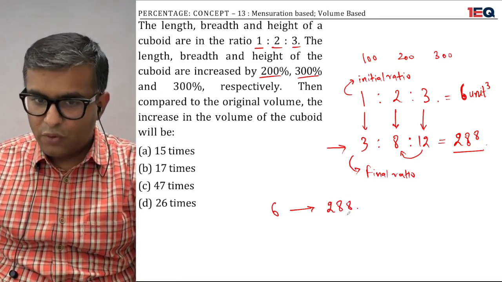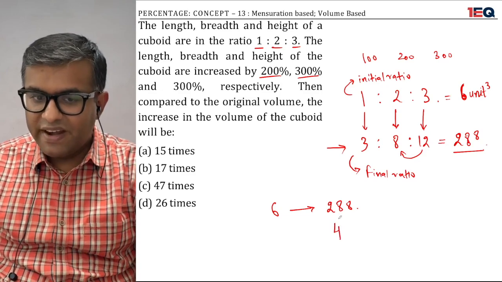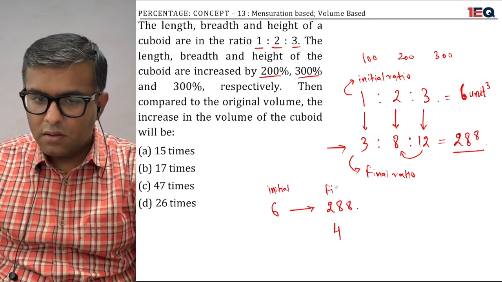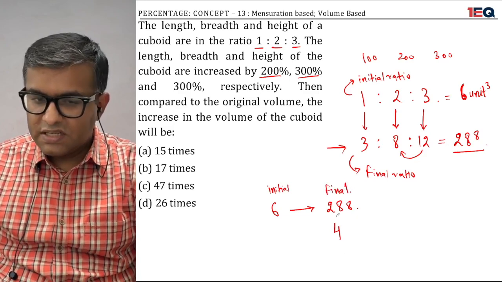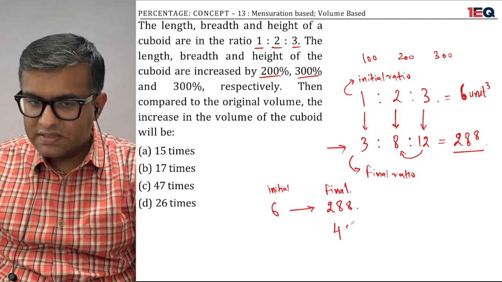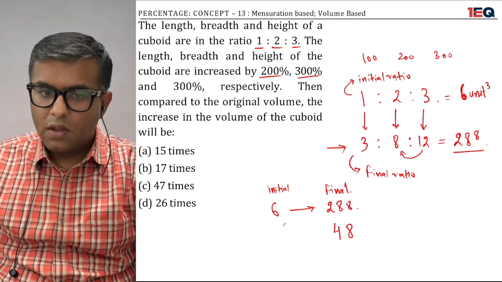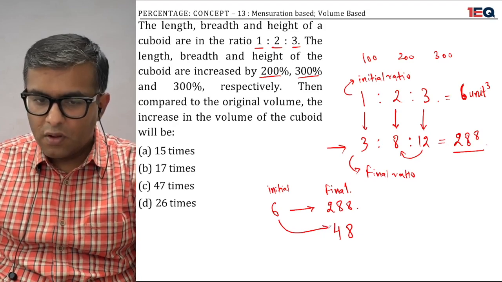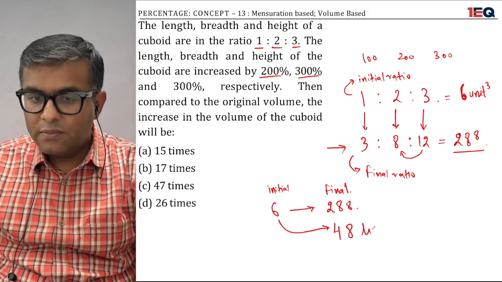6 4s are 24. I'm dividing it first. Okay, this is the initial and this is the final. 6 4s are 24. 48. 6 8s are 48. The volume has become 48 times of itself.